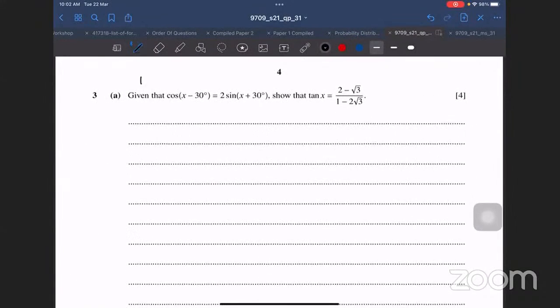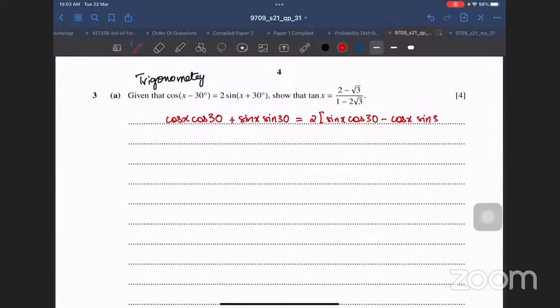This next question is about trigonometry. I start with cos x cos 30 plus sin x sin 30 equals 2 sin x cos 30 minus cos x sin 45.